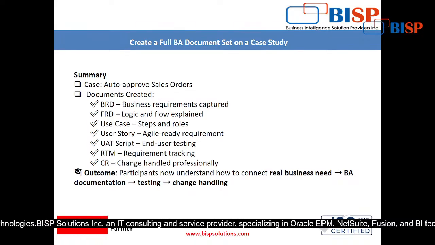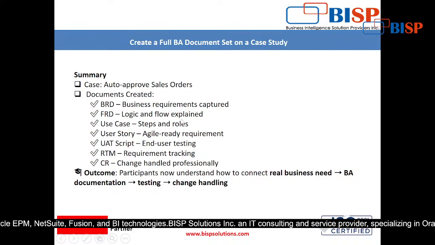And in this way, the requirement tracking document should also be updated. So all in all, like you will see here 1 2 3 4 5 6 7, seven points are there, right? Okay, change handled professionally.